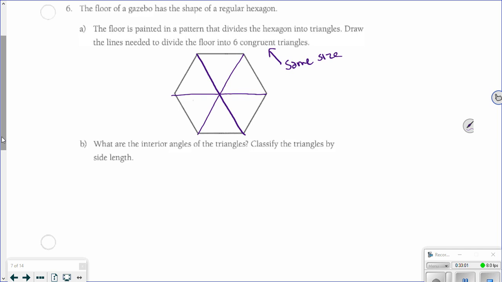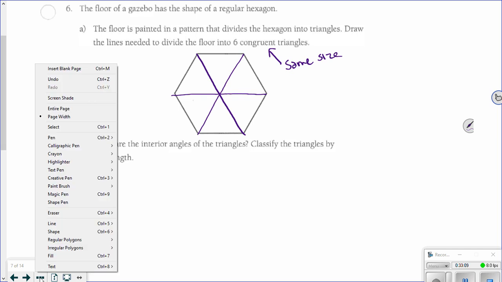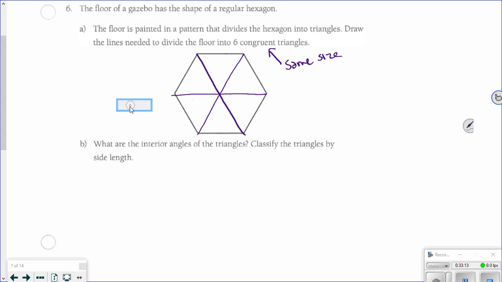What I do have is a way of finding how big the angles are in my hexagon. So if I go back to looking at just the hexagon, I can find each individual interior angle by using my interior angle formula.